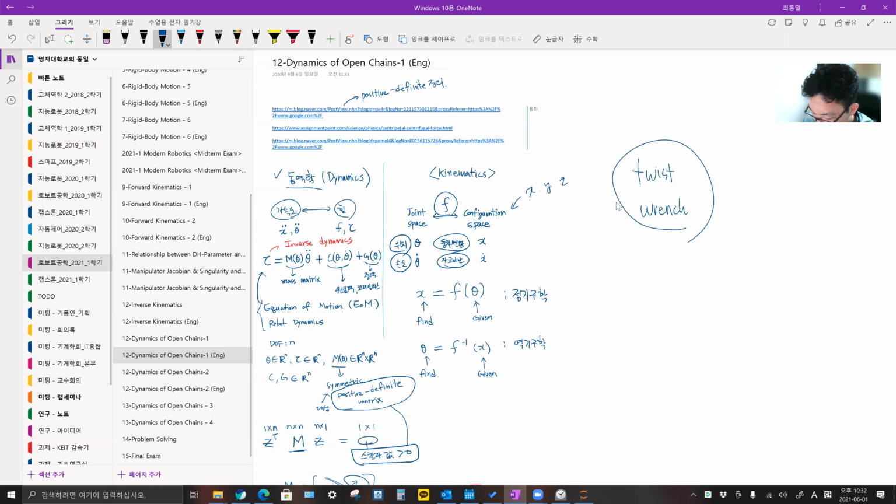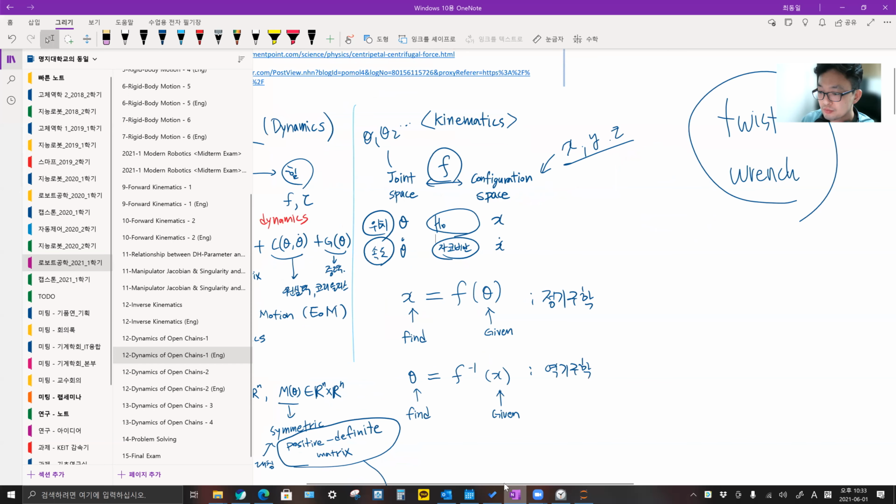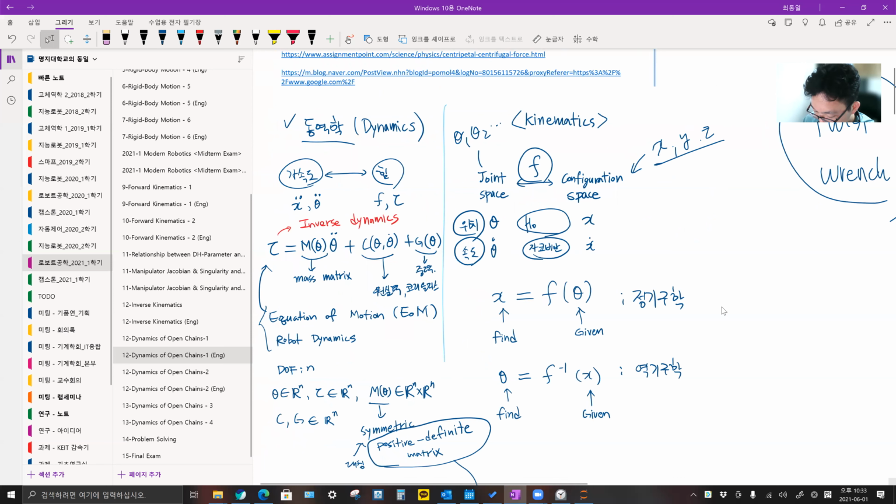So X, Y, Z, these kinds of things are configuration space variables, and the joint space variables are theta 1, theta 2, etc. The transformation between these is done by homogeneous transformation, and between x dot and theta dot, there is a relationship using the Jacobian.